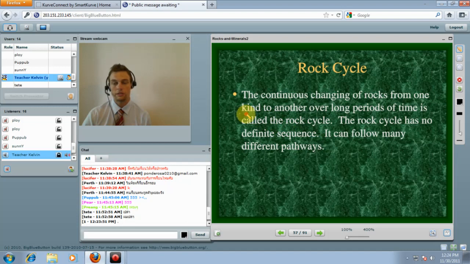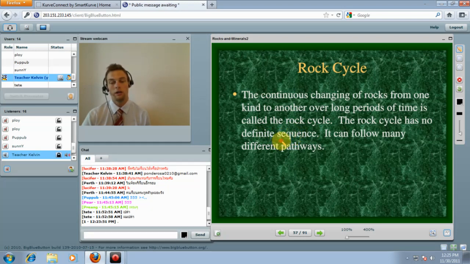So this is basically talking about long periods of time. There's no definite sequence because, say, you have a volcano, you're not necessarily going to have a volcano every year. That's going to affect all the rocks. You have an earthquake, that's going to affect the rocks. It's got no definite sequence. It's got no pattern.